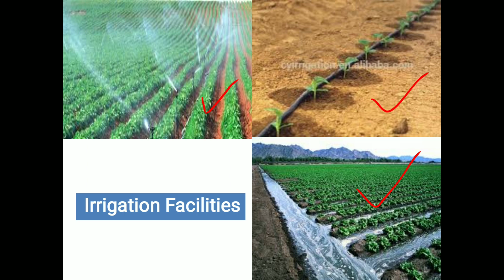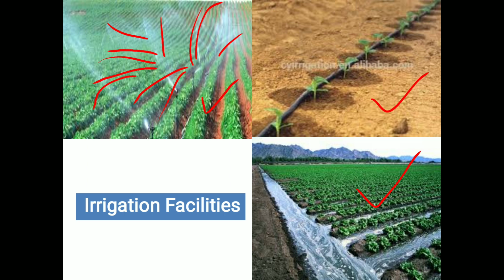Then in case of sprinkler irrigation, it is mostly useful in hilly areas. If you use the sprinkler irrigation system in hilly areas, it is beneficial for the crop, but if there is an attack of pest or disease, it rapidly spreads within a short period of time because the spraying is done continuously, so there are chances for the spread of disease due to sprinkler irrigation.